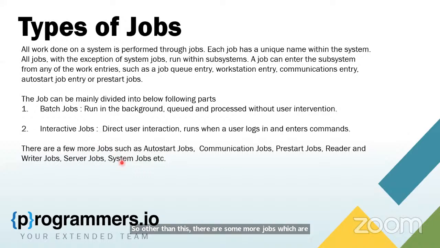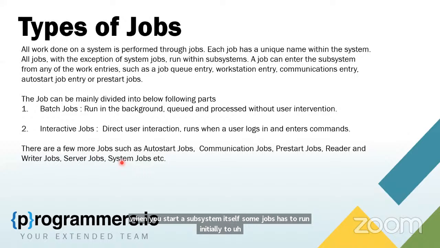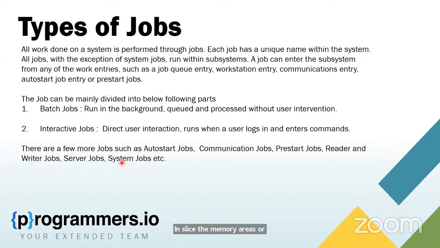Auto start jobs are like when a subsystem is started. When you start a subsystem itself, some jobs have to run initially to initialize the memory areas, or for triggering some other jobs, or triggering some other new subsystems that have to run at the same time.